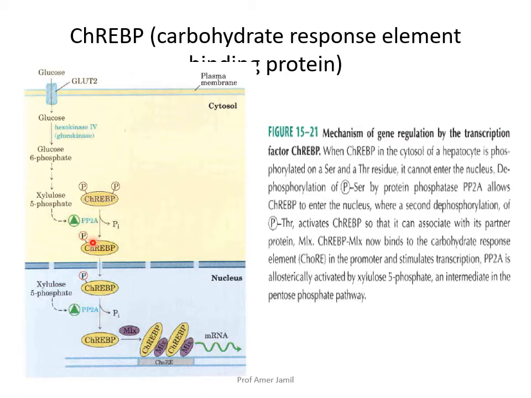Once inside the nucleus, the other phosphate is also released, and now this carbohydrate response element binding protein interacts with other proteins, meaning this is responsible for initiating the gene expression related to this transcription factor.